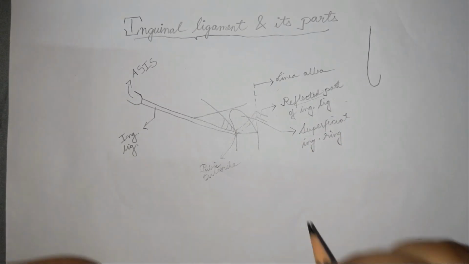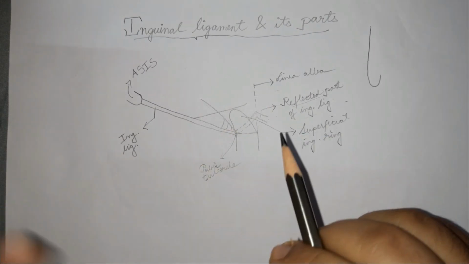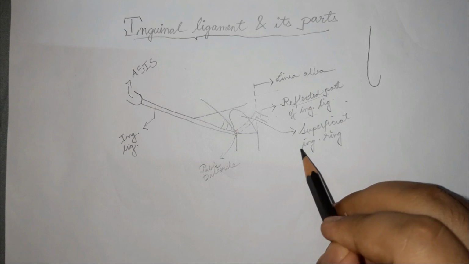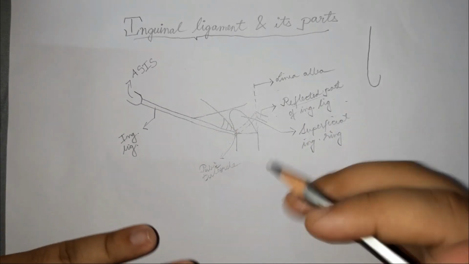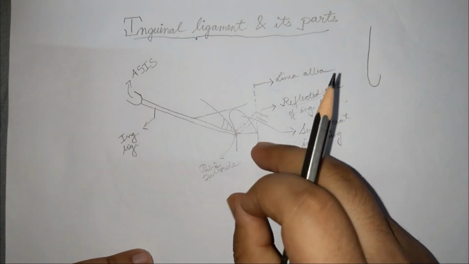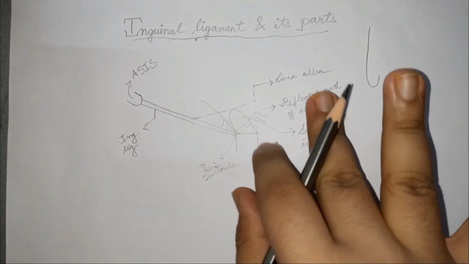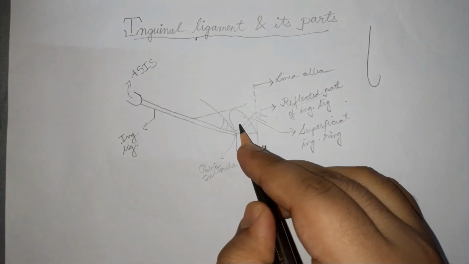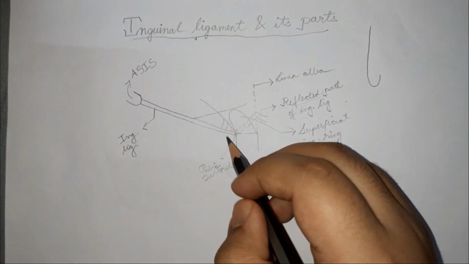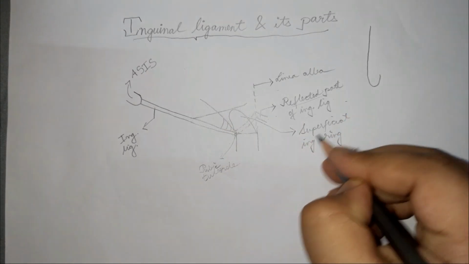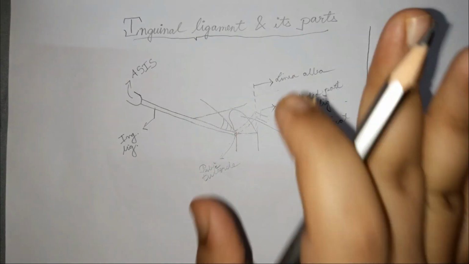When we talk about the inguinal canal, as I had already mentioned previously, the superficial inguinal ring is nothing but an opening, a gap present in the external oblique aponeurosis, just superolateral to the pubic symphysis. It serves as the outlet for the inguinal canal. We'll talk about it in just a bit.